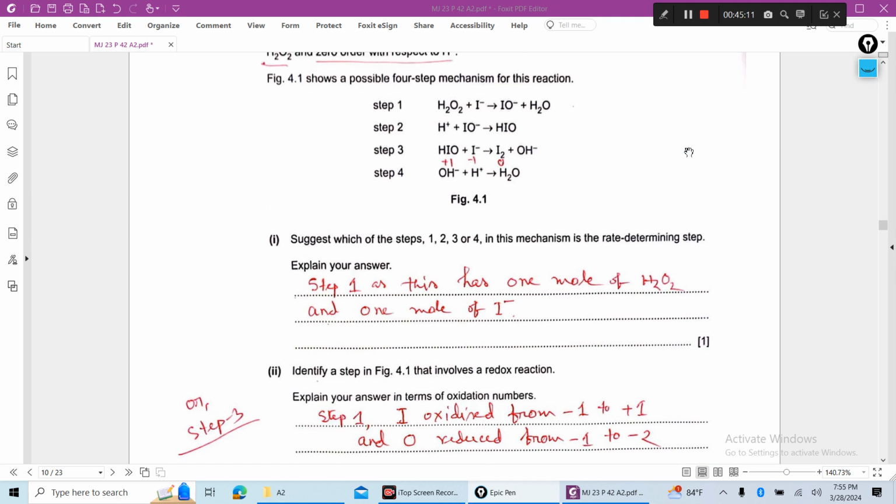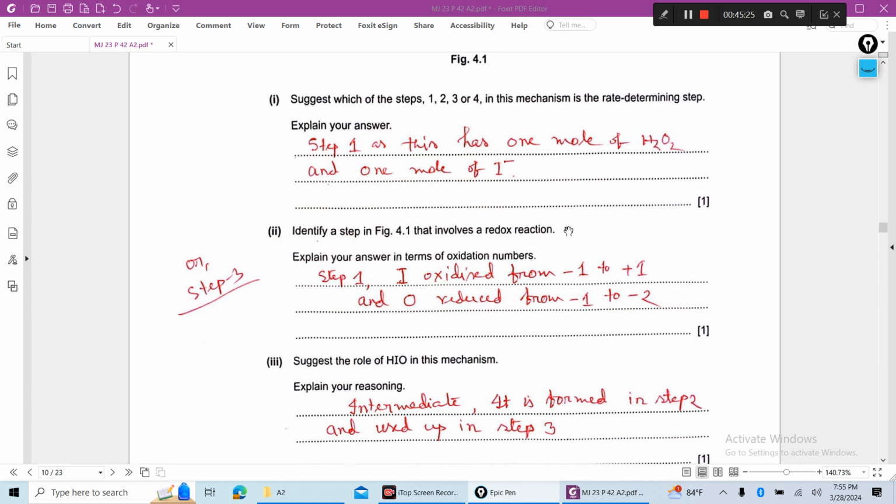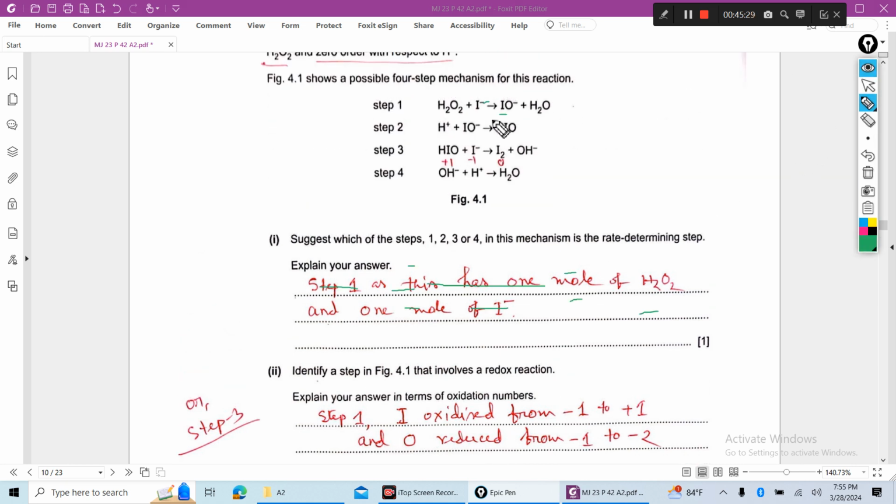In step 1 you see here iodide ion -1, here iodine 0.